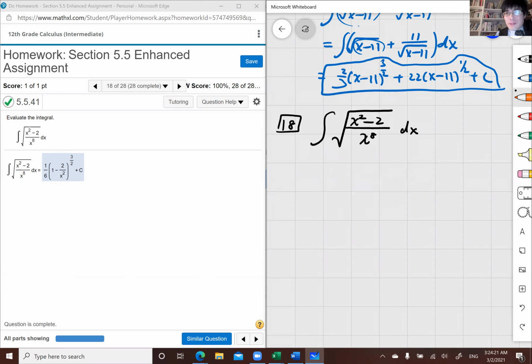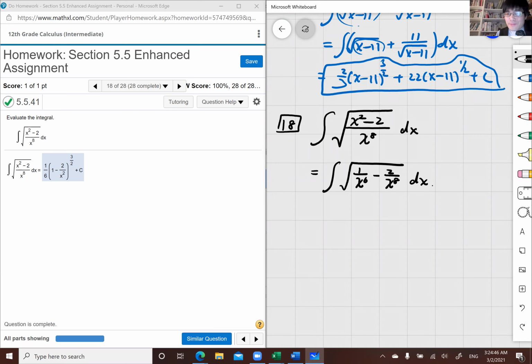So let's try another way. Let's simplify this fraction by dividing top and bottom by x squared, for example. Divide it into two fractions, it's going to be 1 over x to the power of 6 minus 2 over x to the power of 8.